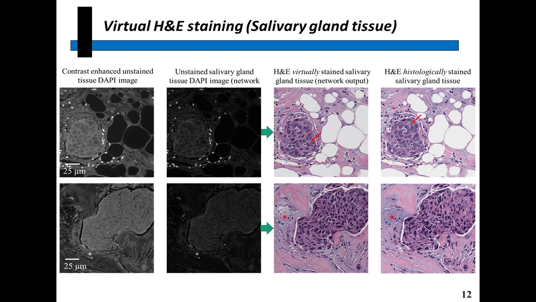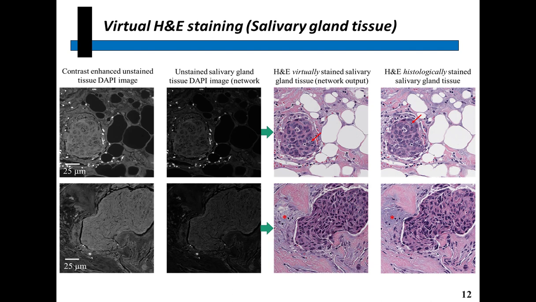So once we trained the network, here are some examples of results. First of all, we did the standard H&E staining, which is the most basic staining. About 85% or so of the stains that are being used today are H&E.